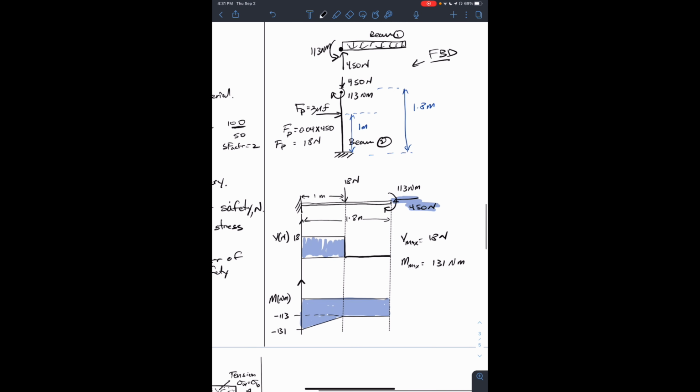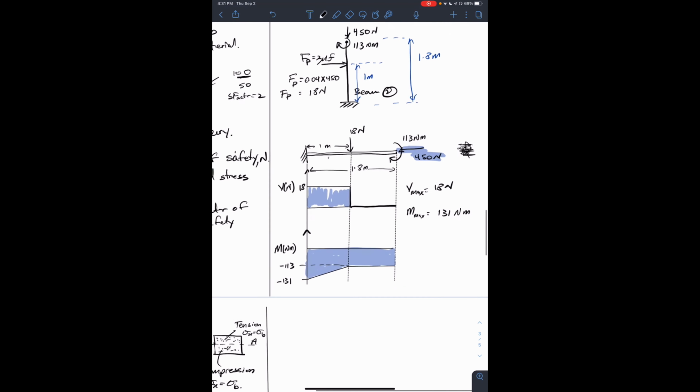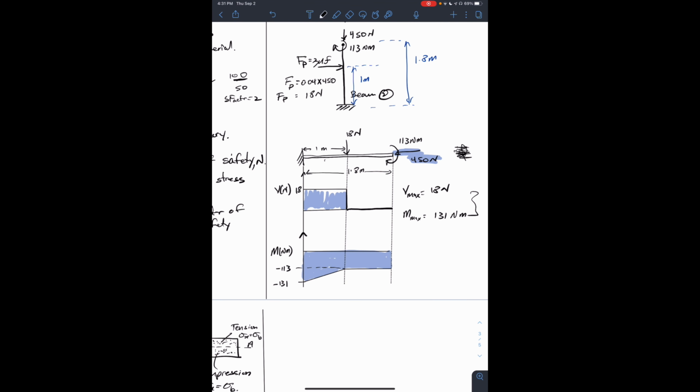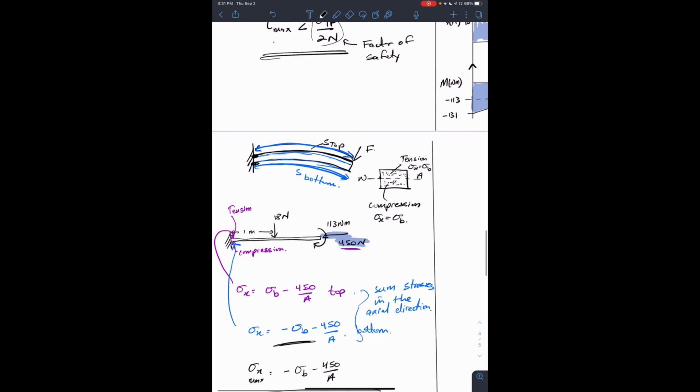We are accustomed to drawing the beam horizontal like this. And then we draw our shear force diagram and bending moment diagram. We pull out our max values from the diagrams. At this stage we need some reasoning to figure out how the 450 Newton force comes into play, and that is what we have shown here.